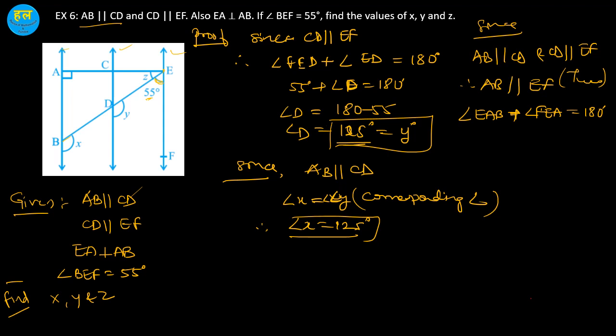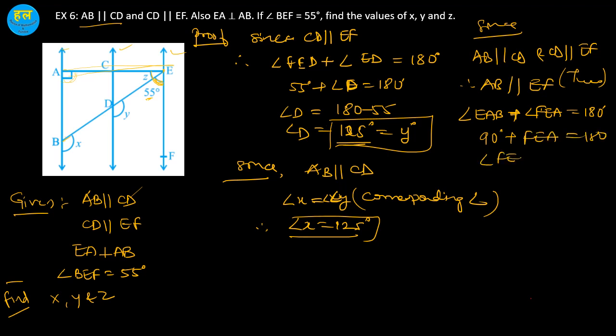Why? Because the interior angles on the same side of the transversal are supplementary, and EA is a transversal, right? This EA is a transversal to AB and EF. So EAB is 90 degrees plus FEA is equal to 180 degrees.